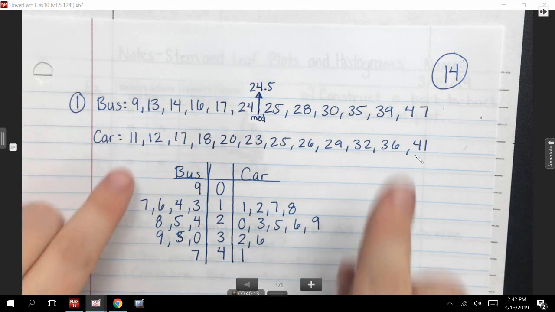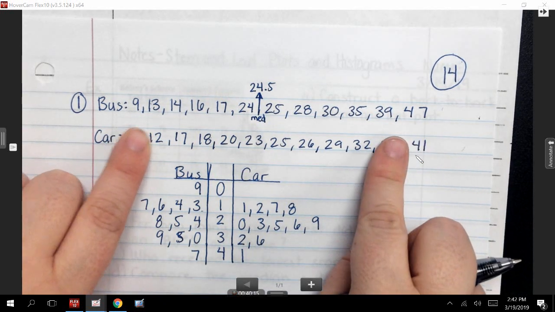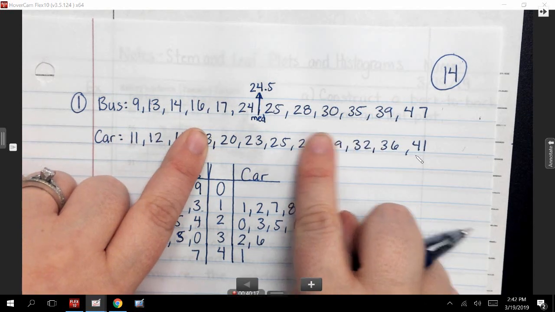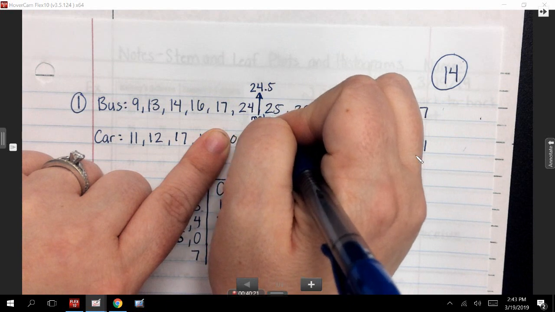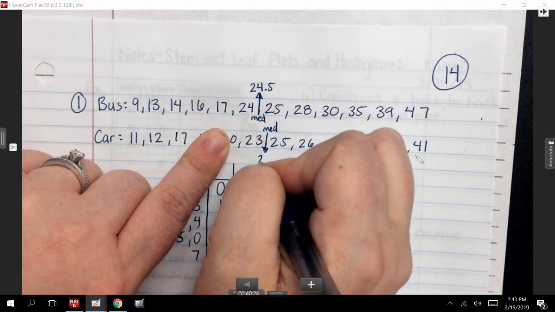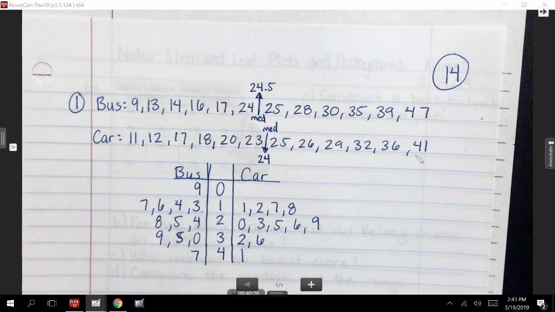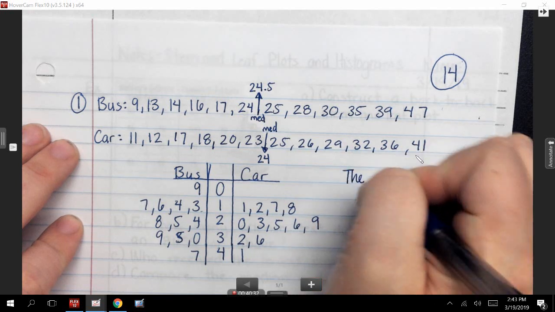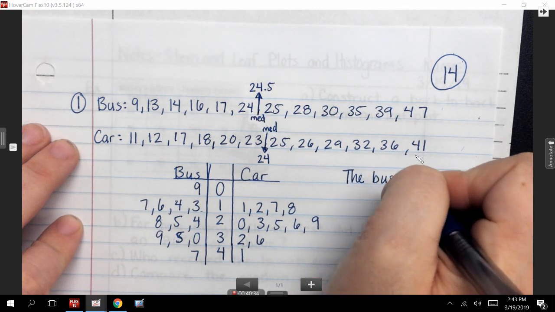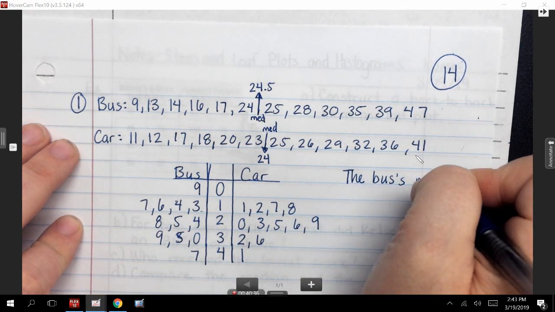All right, what about for the car? What am I in between here, Aaron? 23 and 25. The 23 and the 25 for the median. What does that give me? 24. 24 is what's in the middle. Okay, give me a sentence comparing the medians, Evan. The bus's median is 1/2 bigger than the car's median.